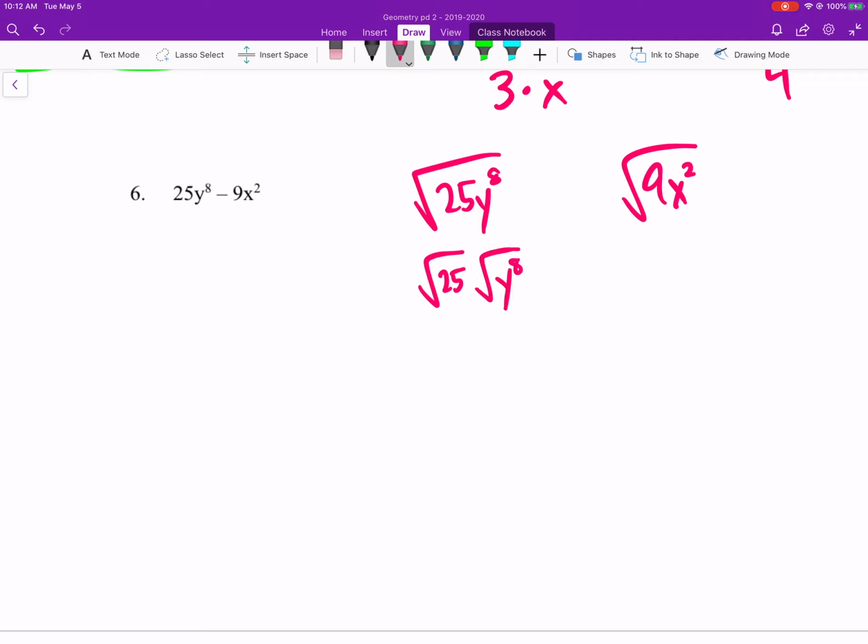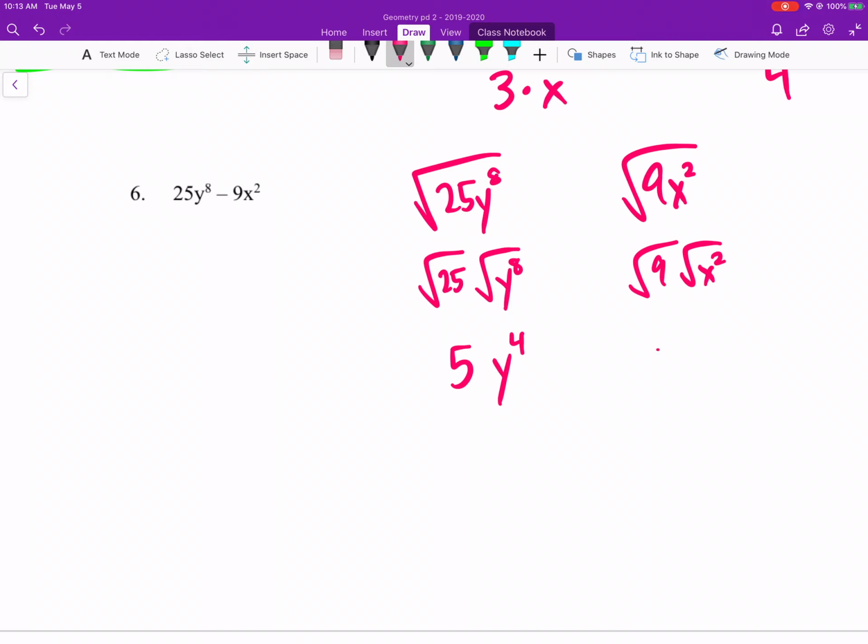It might be easier to look at that way. And radical 9 and radical x squared. But this would be 5, because 5 times 5 is 25. And this would be y to the 4th, because y to the 4th times y to the 4th gives you y to the 8th. You'd be adding exponents. 4 and 4 makes 8.